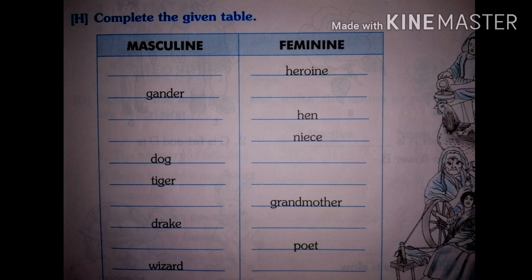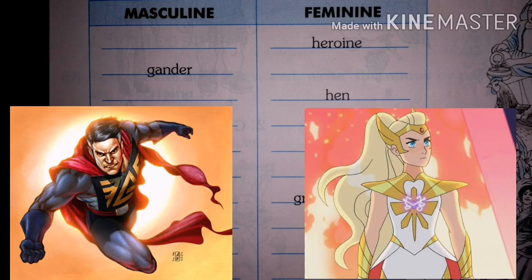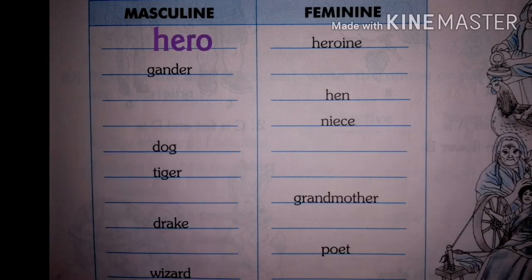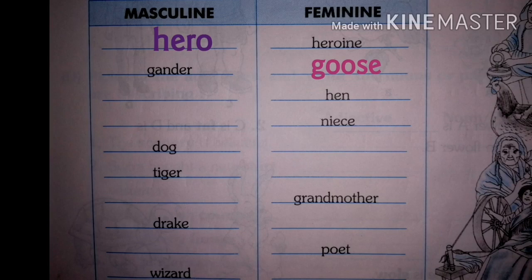What is that? Heroine. What is the masculine noun for heroine? Yes, hero. Next, the masculine gender is given. Gander. What is the feminine gender of gander? Yes, it is goose. Gander opposite goose.